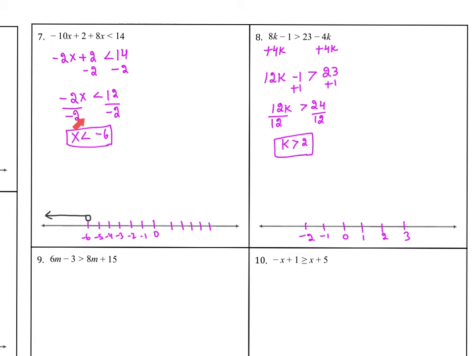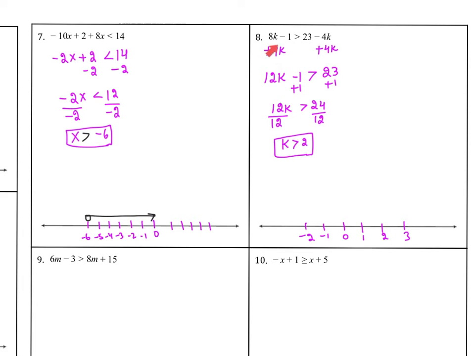It means we're going to divide by negative 2 on both sides. So then we're going to switch the sign. We're going to switch the inequality from less than to greater than because you divide by negative 2. x greater than negative 6 means you're going to make a circle on the top. It's an open circle and it's going to go to the greater side.